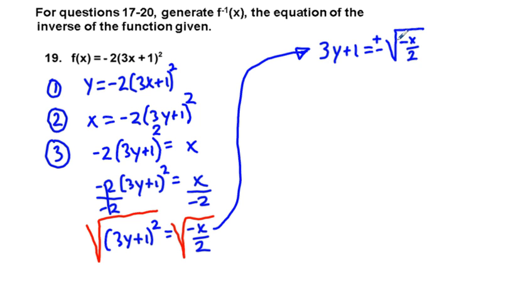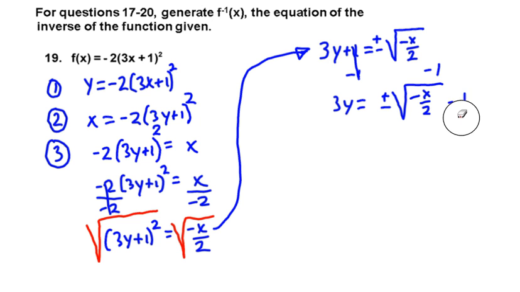And I think we can take that negative sign outside too, but I'll just leave it in there. It really doesn't matter. So next, we're going to continue to solve by subtracting 1 from both sides. So 1 minus 1 cancel on the left. So we have 3y is equal to plus or minus the square root of negative x over 2 minus 1. And what I'm going to do is just bifurcate at this point.